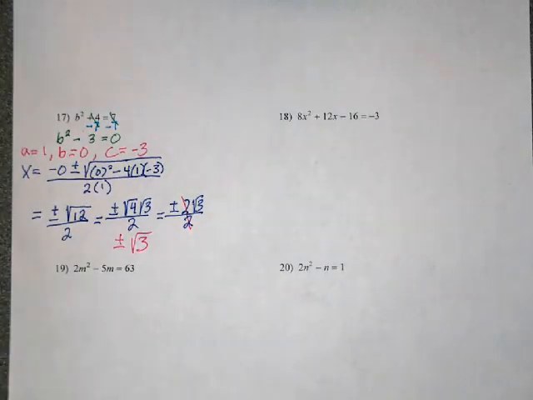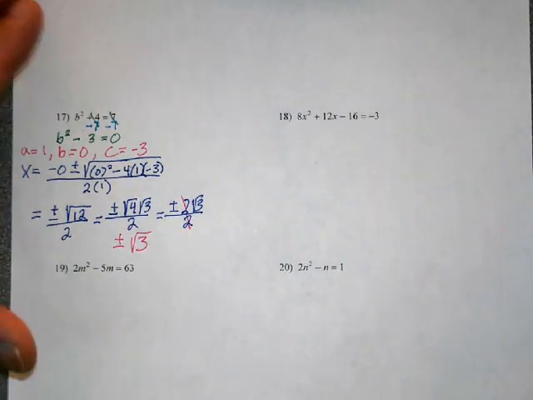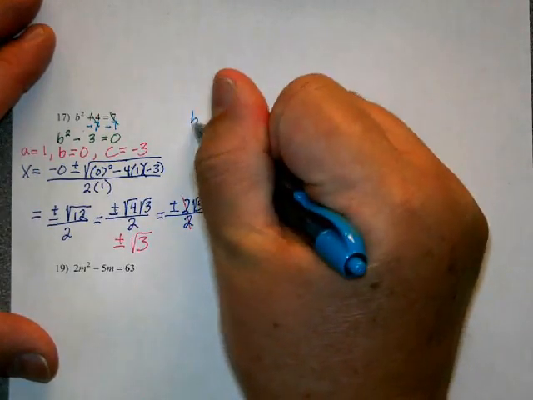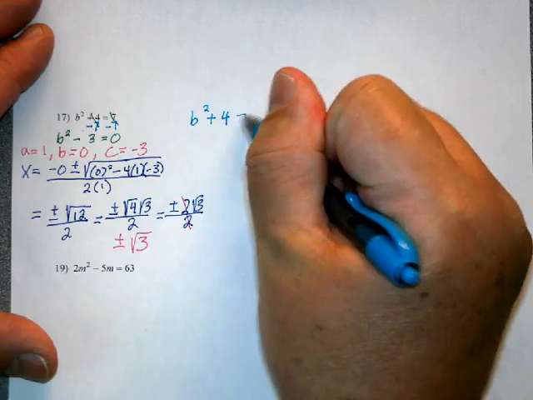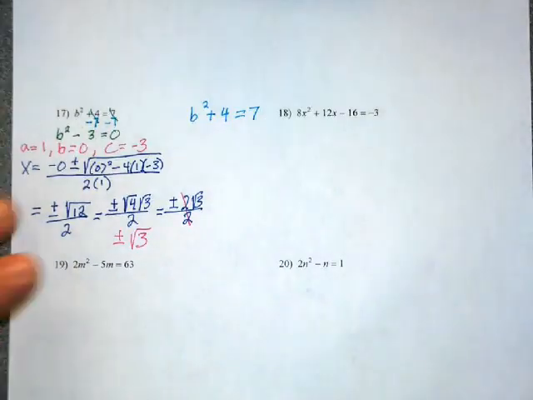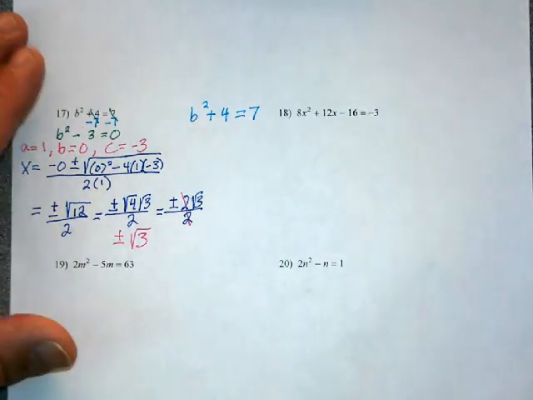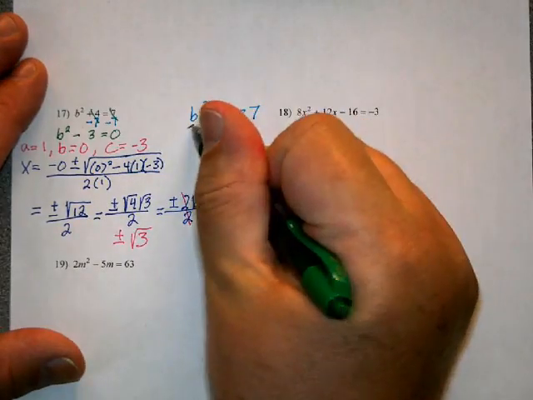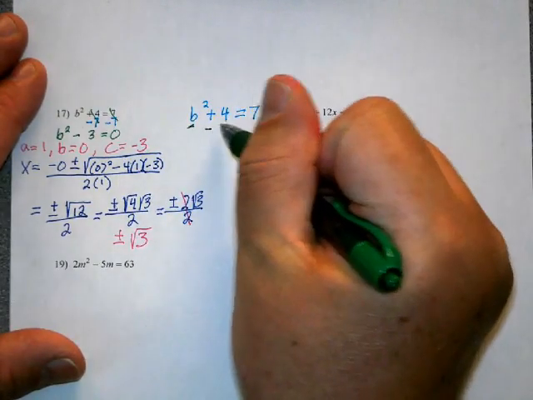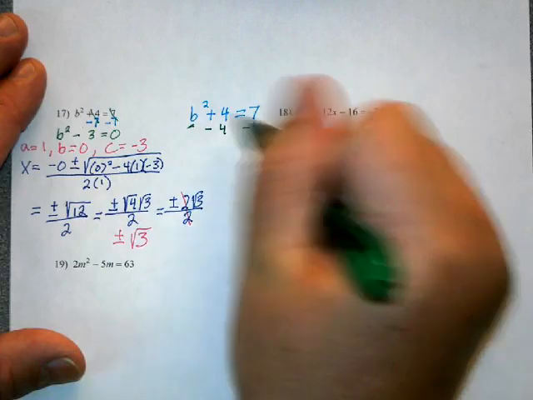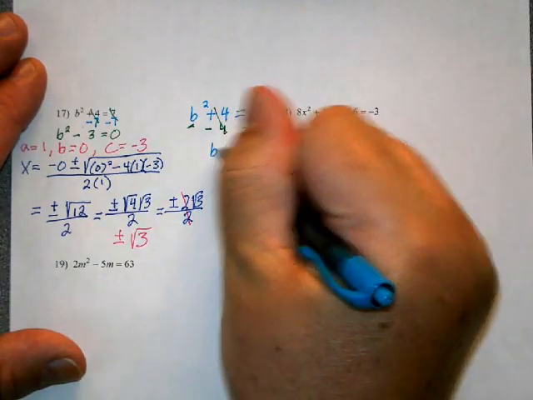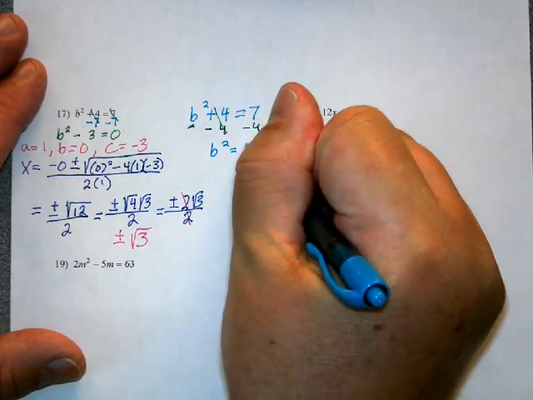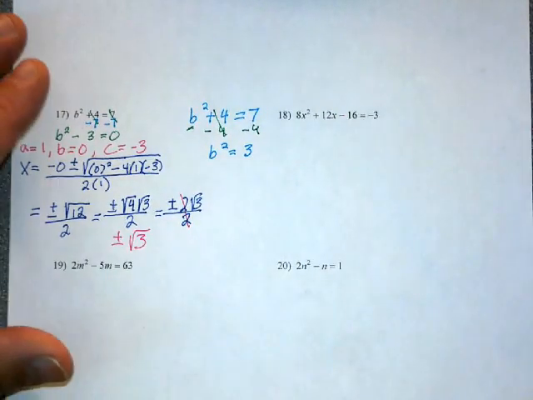So I have b squared plus 4 equals 7. Okay, remember, we have to get the b squared by itself, so I'm going to subtract 4 from both sides. So I end up with b squared equals 3. Now what? Square root of both sides.